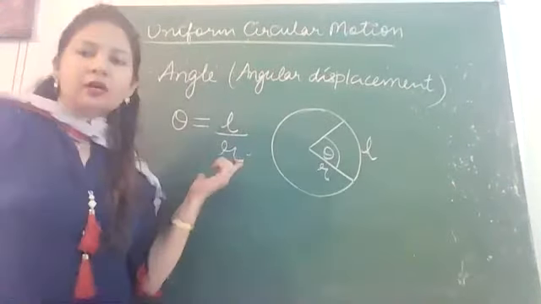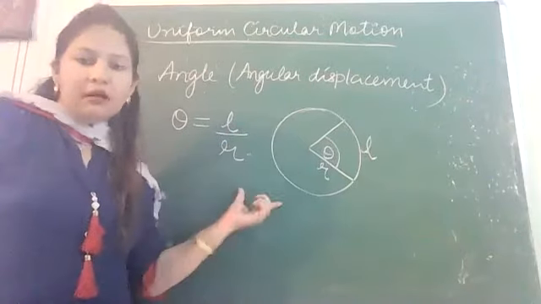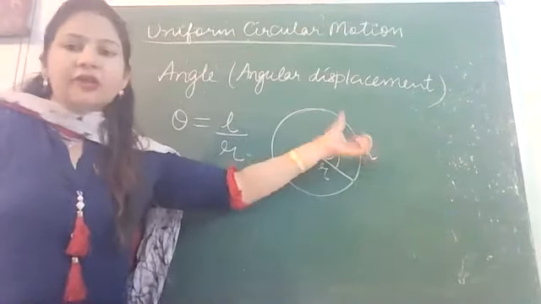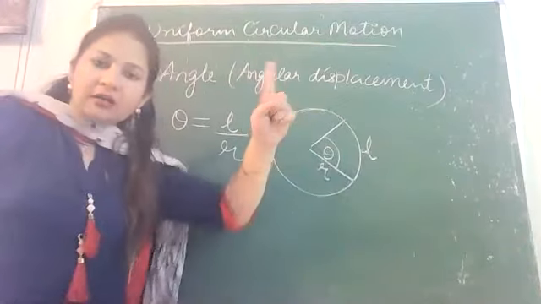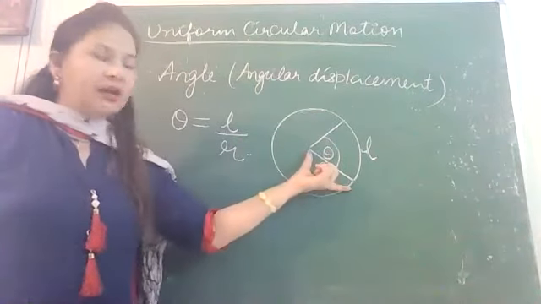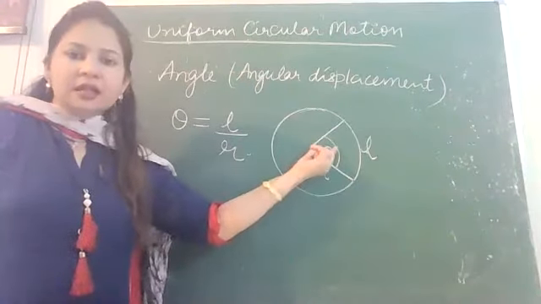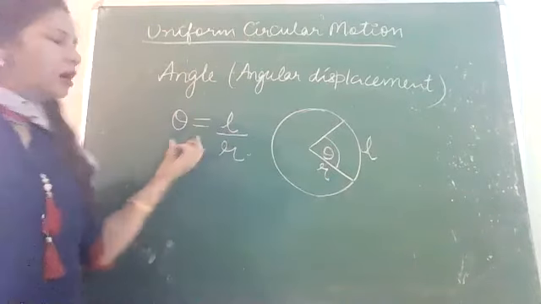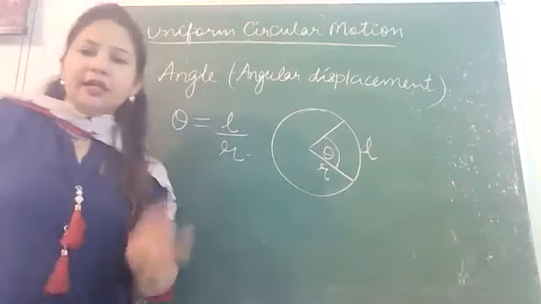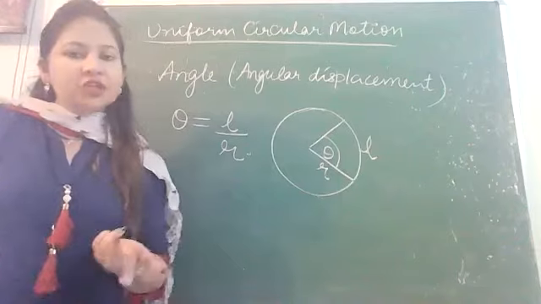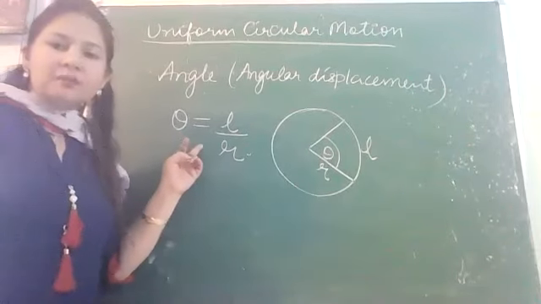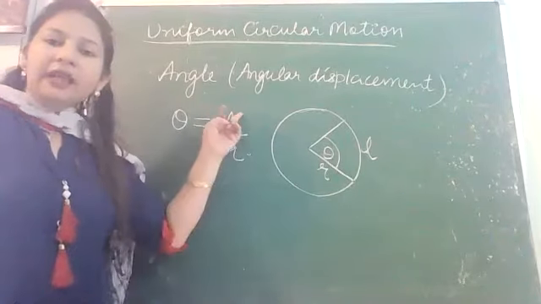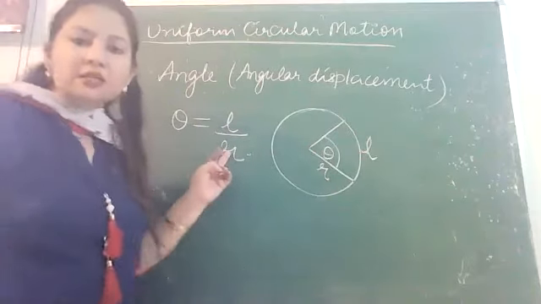एंगल का ये फॉर्मूला होता है theta is L by R, where L is length of an arc. एक arc की length है L, R है radius of the circle, and theta is the angle. So according to this formula, we can just state it in words. That will become our definition. So what is angle or angular displacement? It is the ratio of length of arc to radius of the circle.